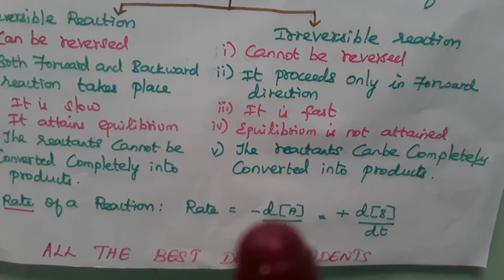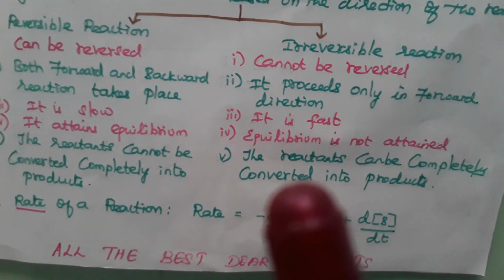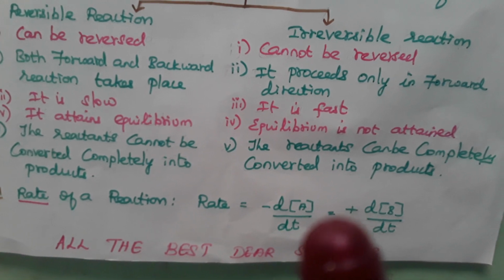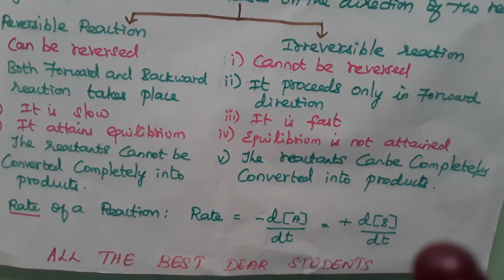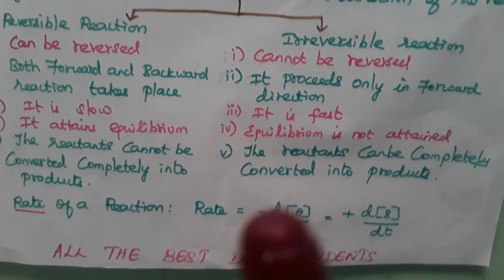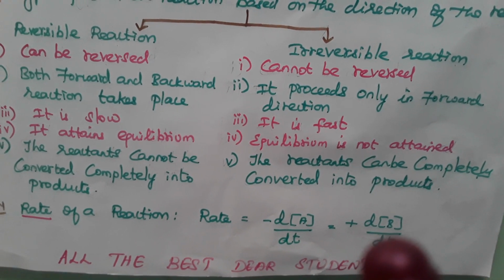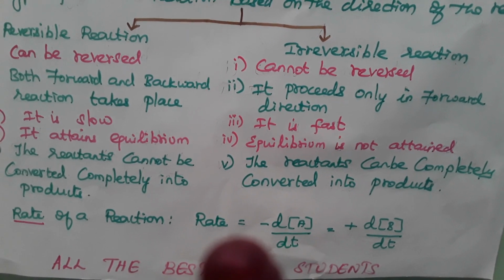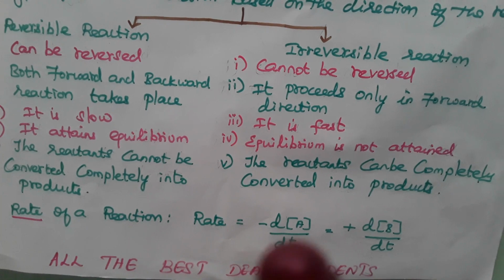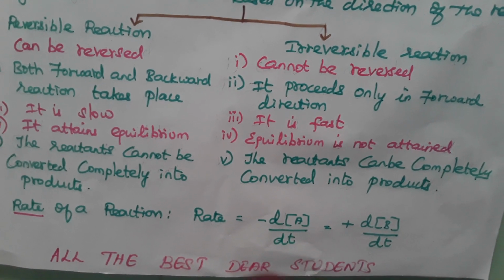Rate is equal to minus d[A] by dt. This box is called concentration box, students, and d[B] divided by dt. Here the positive sign indicates there is an increase in concentration of B in unit time. Here the negative sign indicates a decrease in the concentration in unit time.